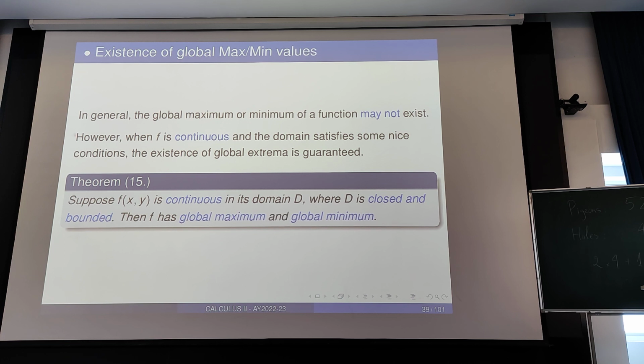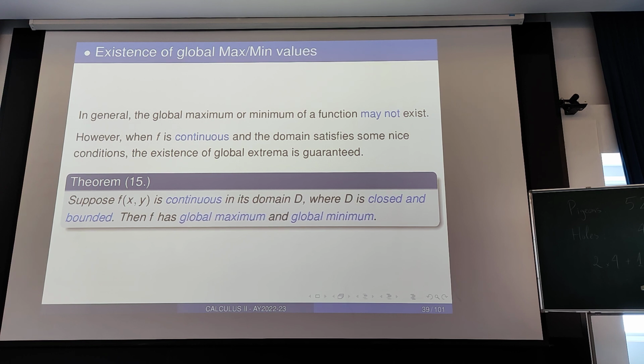You can see in this line, when the function f is continuous and its domain satisfies some nice condition. Here we will see what this nice condition means in the next slide. Then the existence of global extremum is guaranteed. Okay.